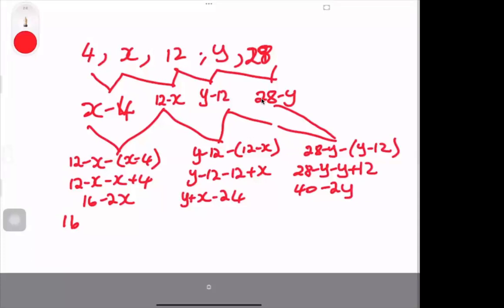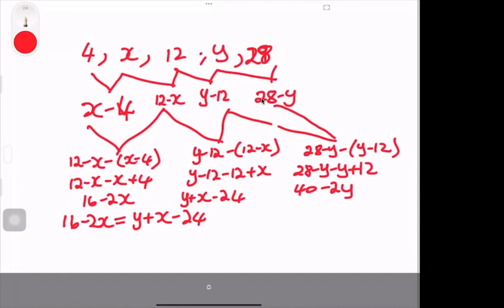And then y plus x minus 24 equals to 40 minus 2y.